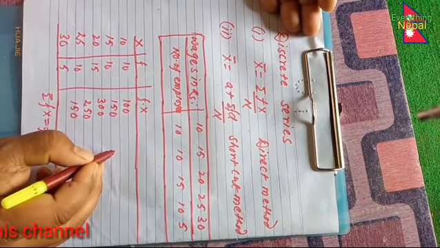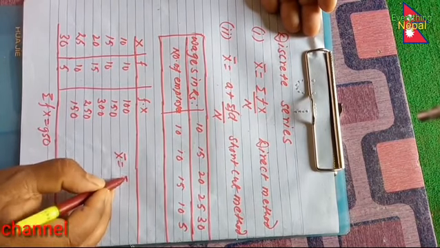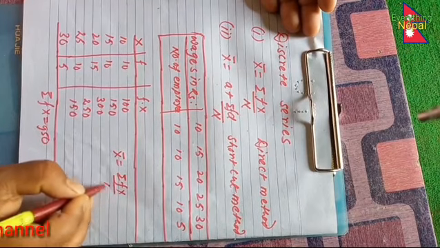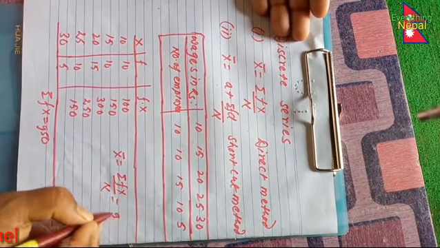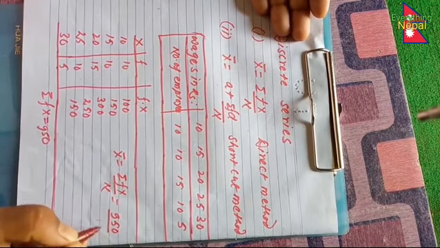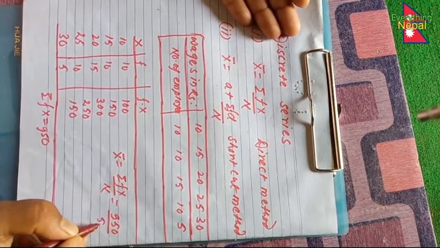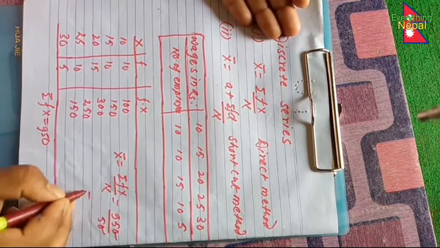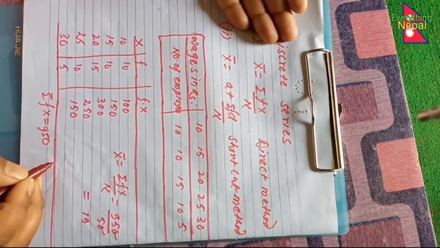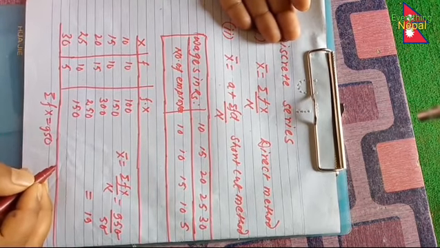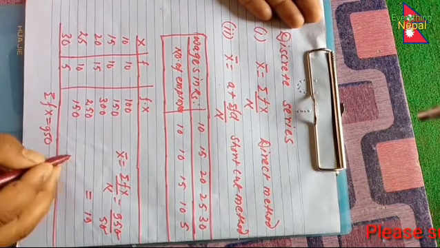So we have from the direct method x bar is equal to summation fx divided by n. Now by putting these values, 950 divided by the total number of observations, which is 50, this becomes 19. In this way, from the direct method we got the arithmetic mean as 19.